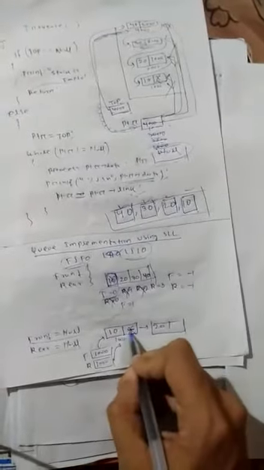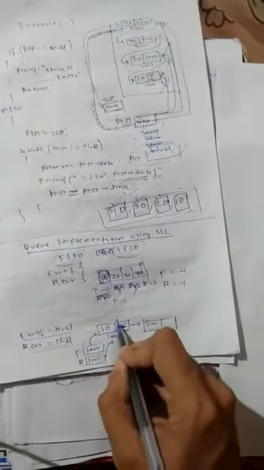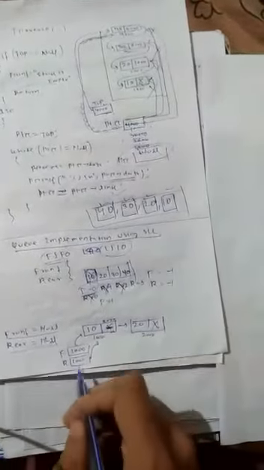Then insertion of the next element, suppose I insert 20. This link will change. Suppose this node is at memory location 2000. Whenever you insert the next element, the rear is updated to point here. Now suppose I insert another element, 30.